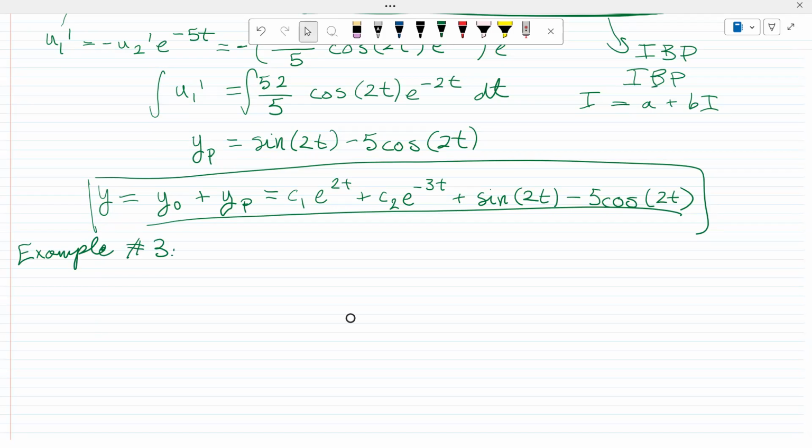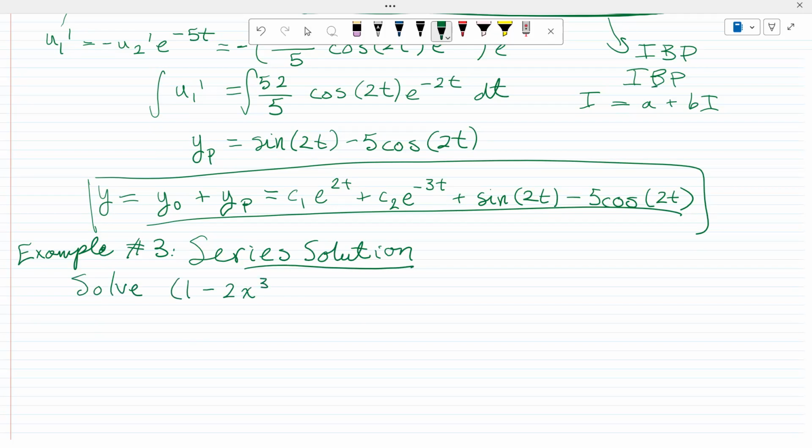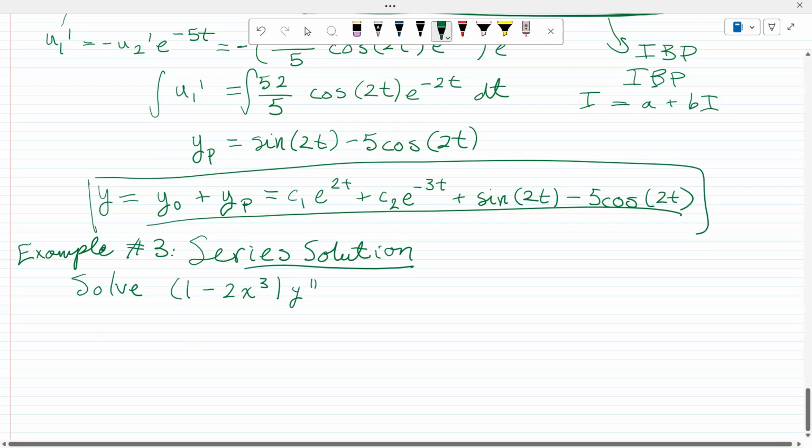We have a series solution. We want to solve (1 minus 2x cubed) y double prime minus 10x squared y prime minus 8xy equals 0.